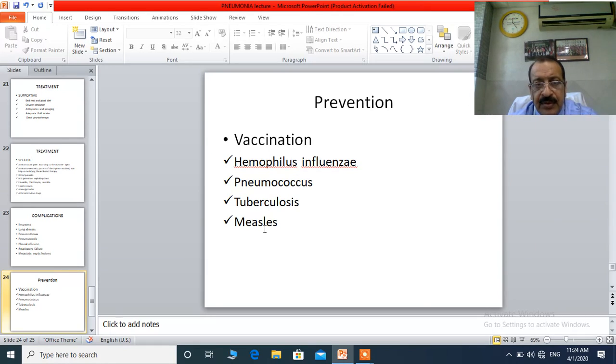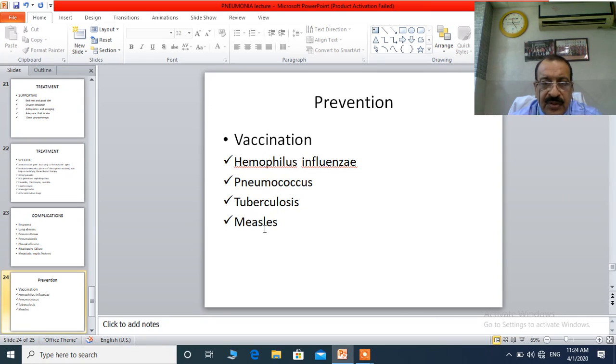Pneumonia is a preventable disease in pediatrics. Pneumonia caused by Haemophilus influenzae, pneumococcus, or pneumonia caused by Mycobacterium tuberculosis, or pneumonia caused by measles virus, they can be prevented if we timely vaccinate the children.